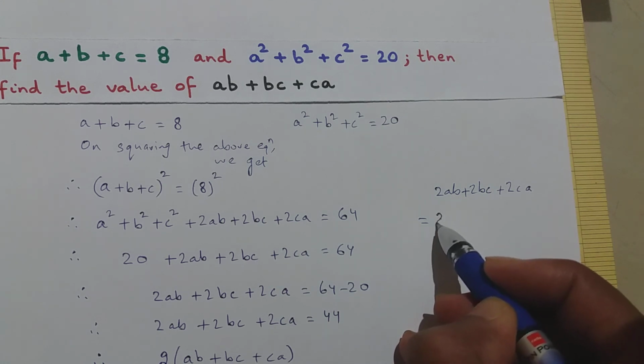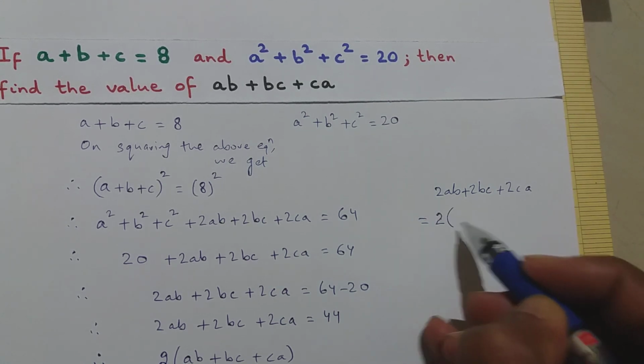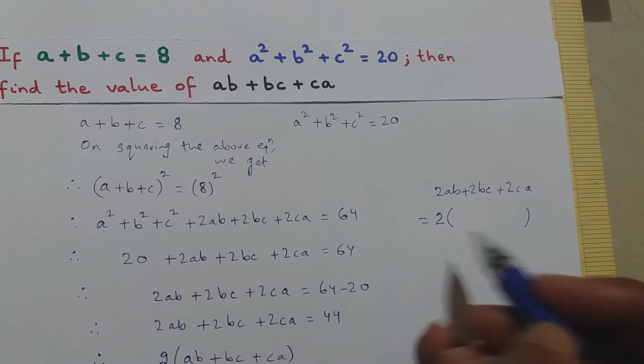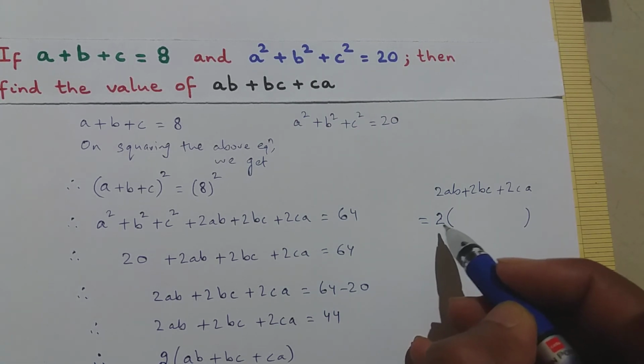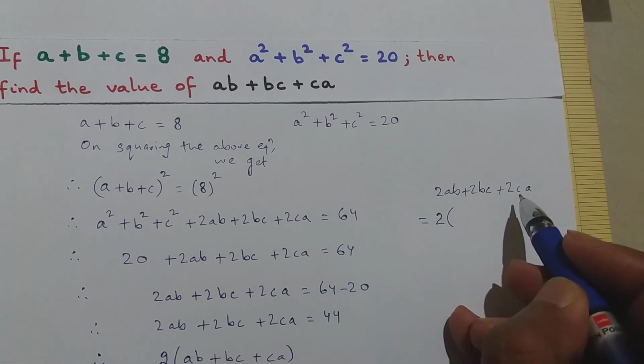So I am going to take 2 outside, because 2 is the common factor present in all the three terms.